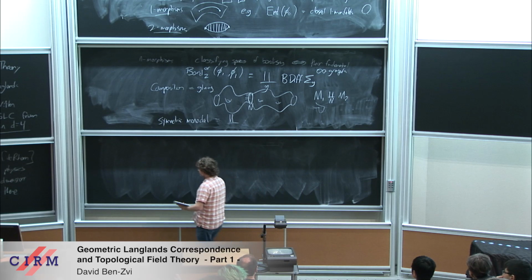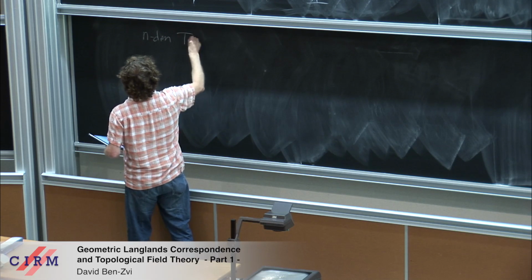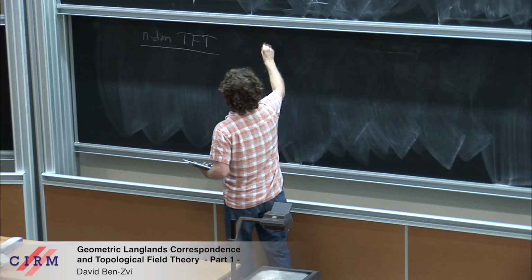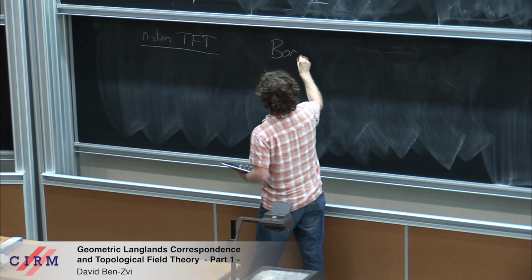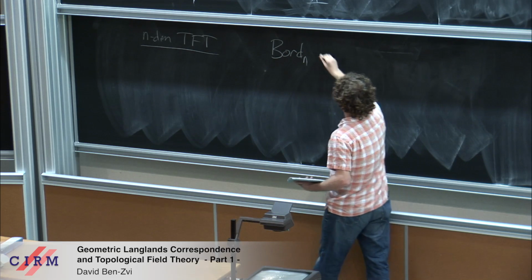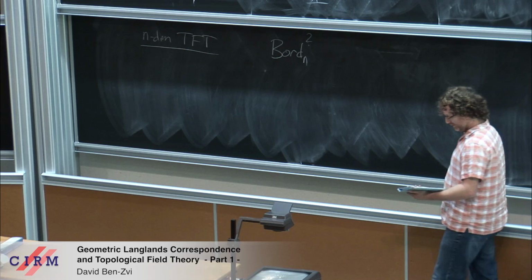So the definition of an n-dimensional topological field theory is going to be just a representation of this bordism category. So I have a category of n-bordism, and I can talk about some class, say framed or oriented or whatever, and I just want a functor.